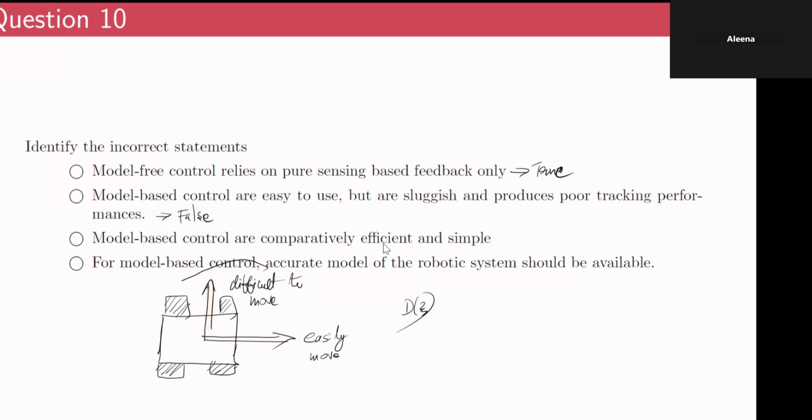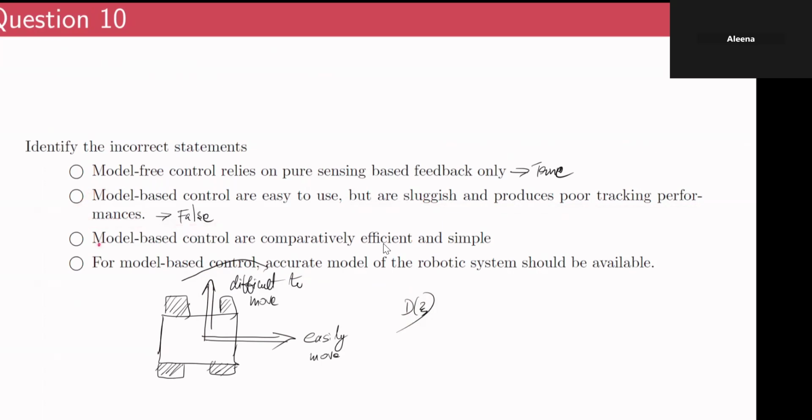So it'll react very slowly to the control input, and as a result, model-free control laws are a bit sluggish, and could produce poor tracking performance. So sluggish and poor tracking performance is attributed to model-free, not model-based. So this statement is actually false.